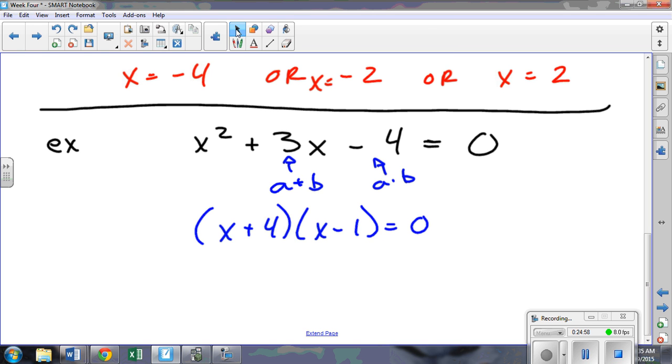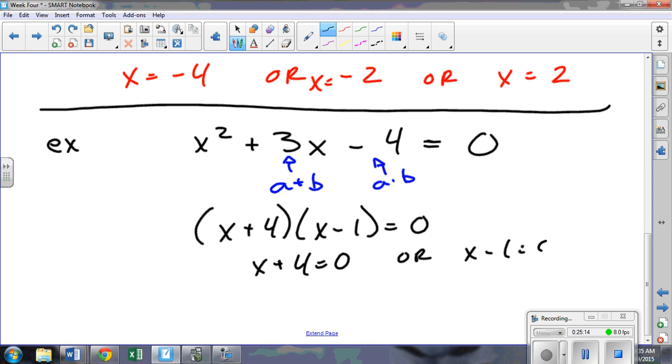And I wanted that to be in black, so let me change the color. According to the zero product property then, x + 4 is equal to 0, or x - 1 is equal to 0, allowing us to find the two solutions, -4 or +1. And that example is finished.